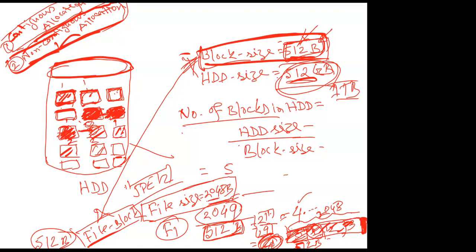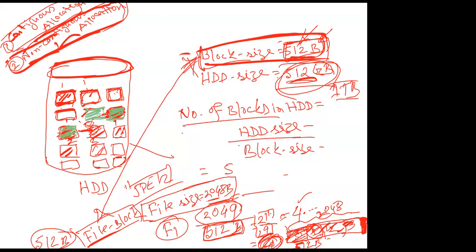So after allocation, let's say the file is allocated 4 blocks in adjacent locations. If you know this adjacent allocation, then others will be easy. Let's see that your file is in this block, also this block, and this block.